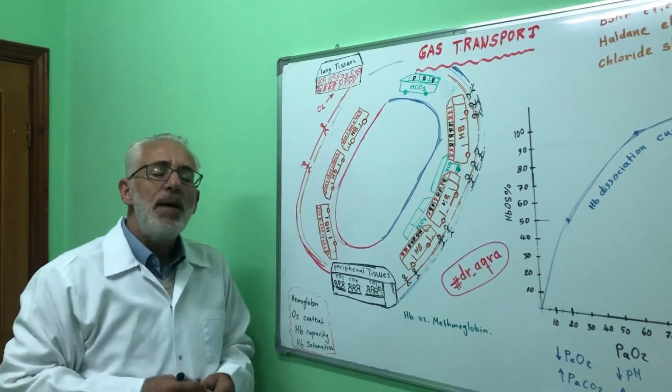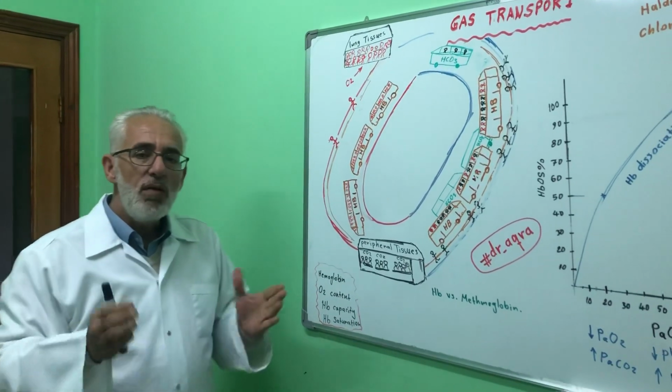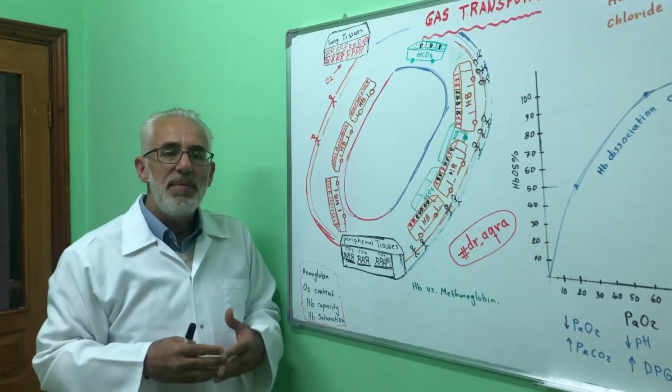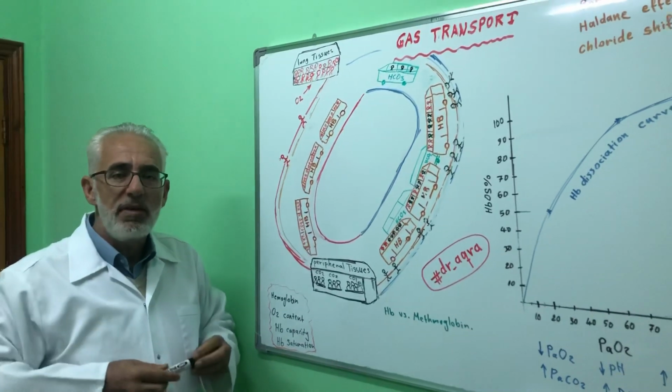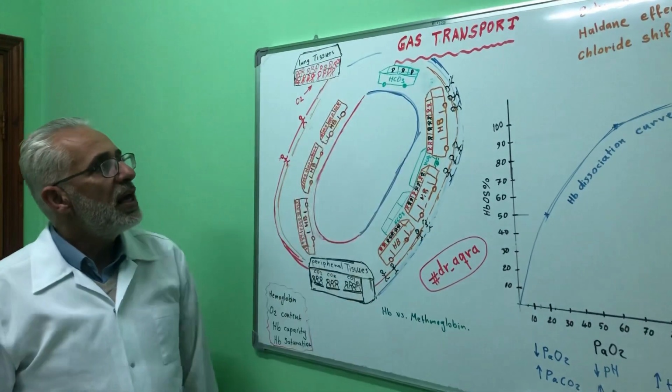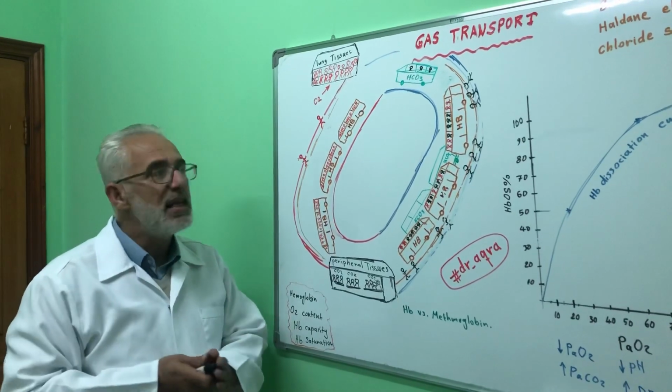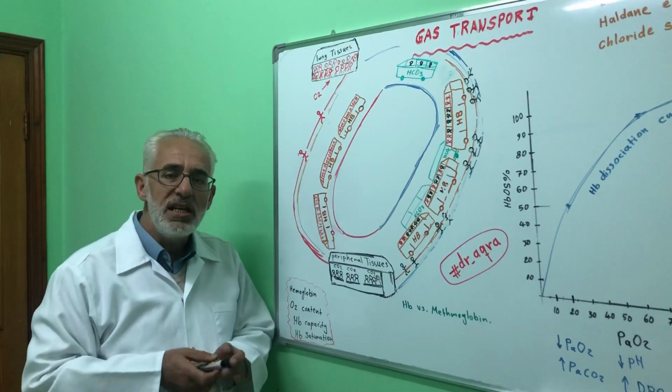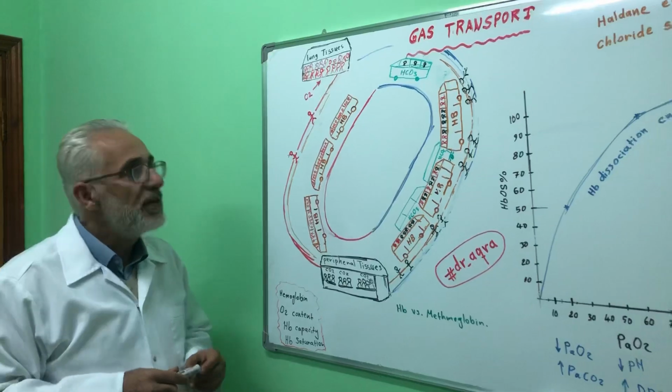We mean by gas transport one of the important steps in the respiratory process in our organism. Here we are talking about the blood gases, I mean oxygen and carbon dioxide.